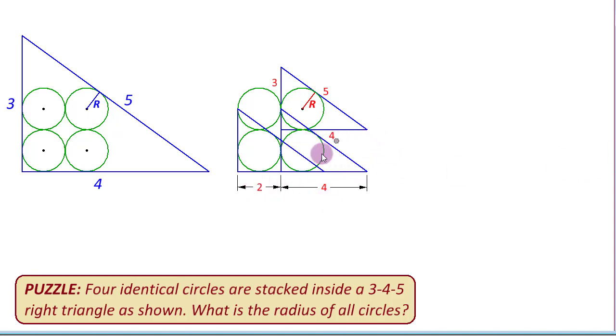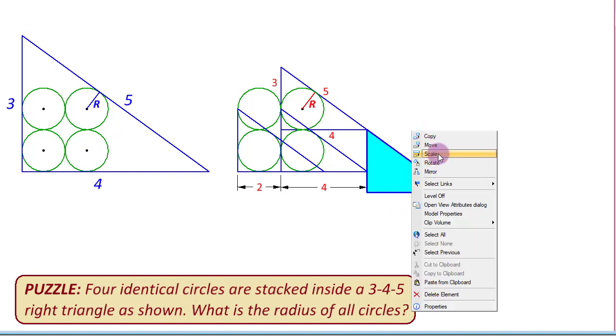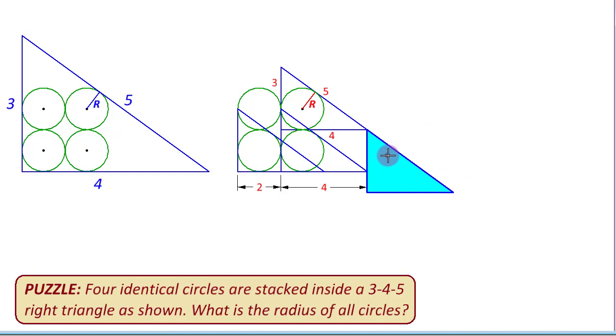And to reconstruct our original triangle, we need some triangular piece here. So I will start with a 3, 4, 5 triangle like this, and I realize it is rather too big, so I'm going to scale it. Okay, I'm going to scale this triangle about this point until this side, which is 3 now, should shrink and become 2, right? 2 is the diameter of this circle.